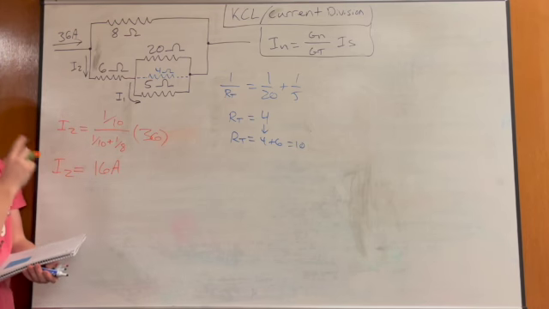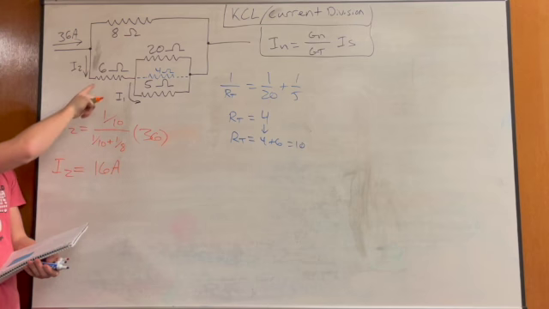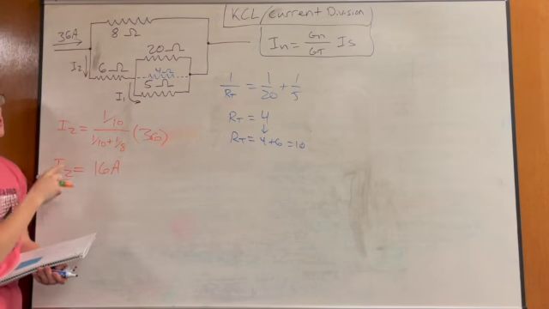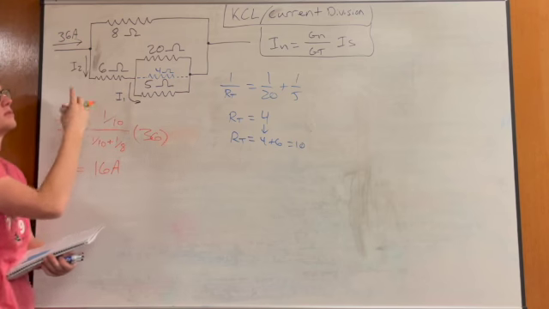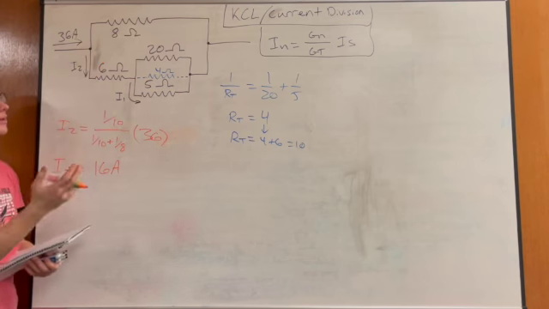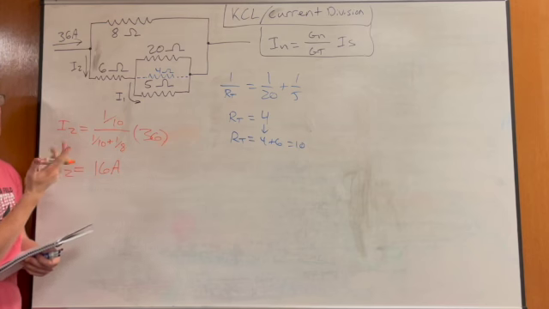What that's saying is that 16 amps is going this way and 20 amps is going the other way, which makes sense because this whole resistance right here is 10 and that whole resistance right there is 8. So most of it is going to go towards the 8 because there's less resistance.